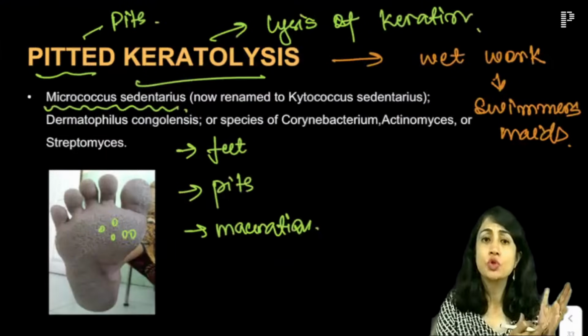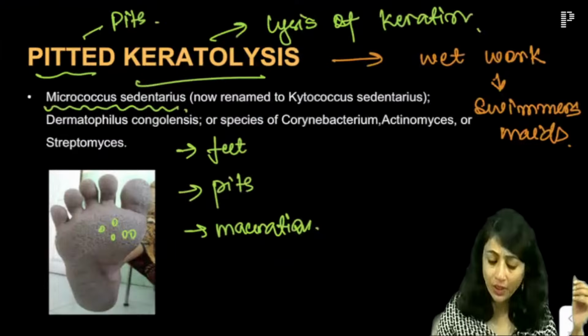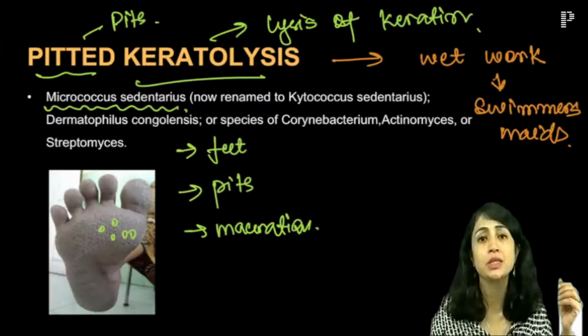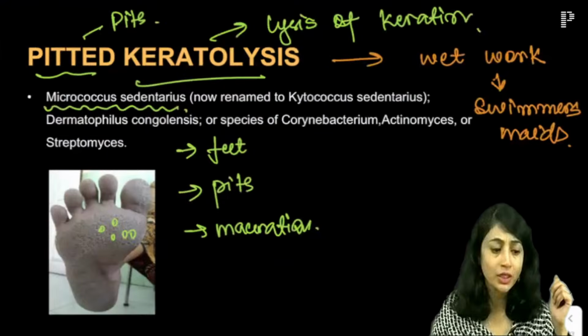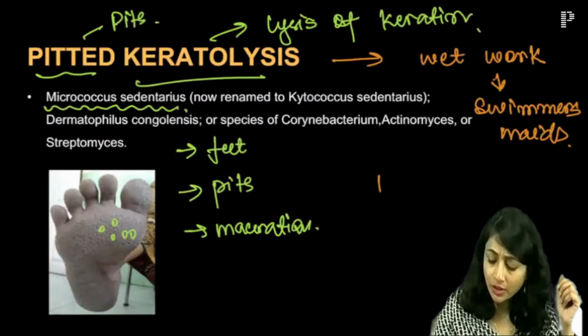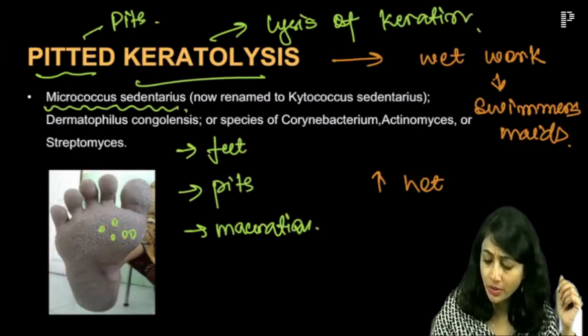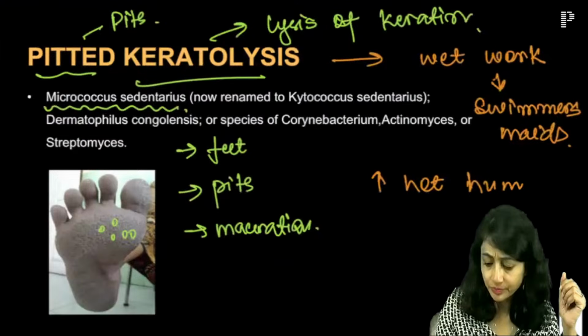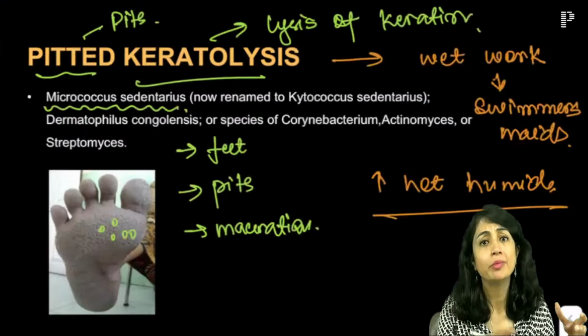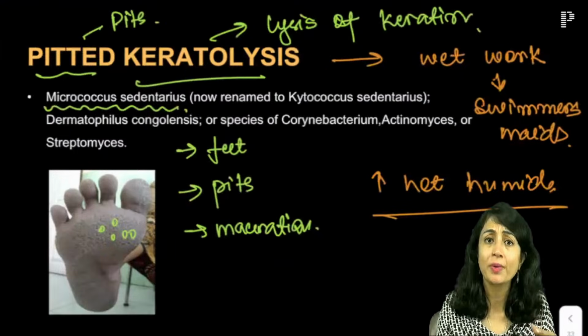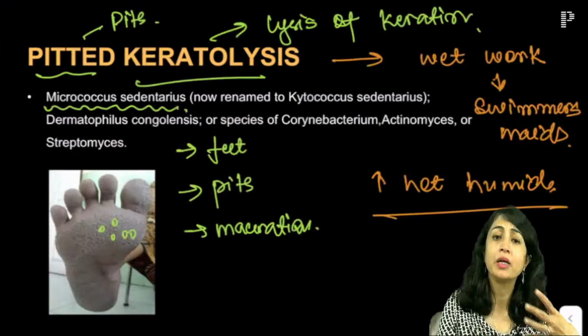The skin becomes soft, causing lysis of keratin, and this leads to the pits and maceration. It increases in hot, humid weather. It is quite recurrent, because you'll treat them, they'll go into the water again because their job demands that, and they'll have this thing again.